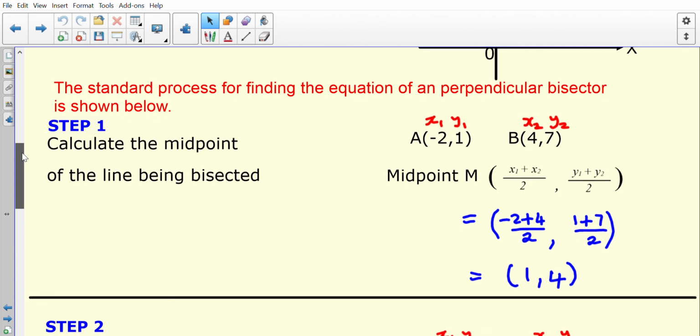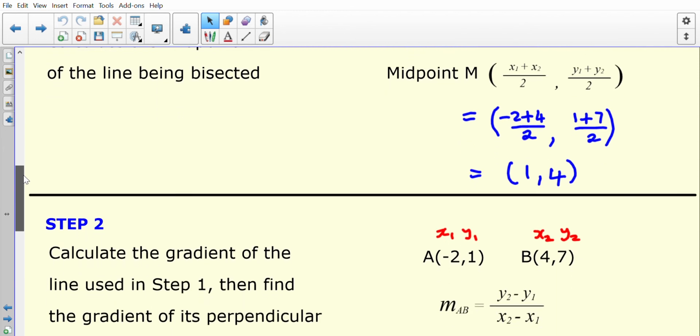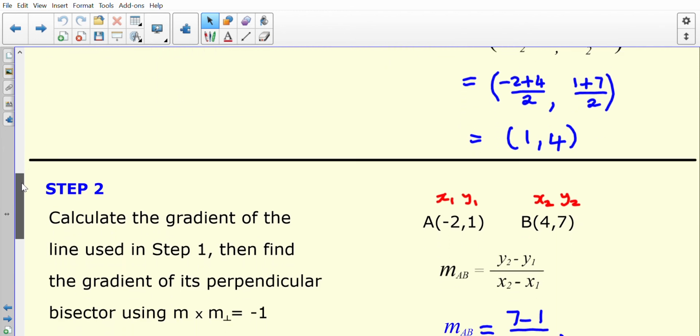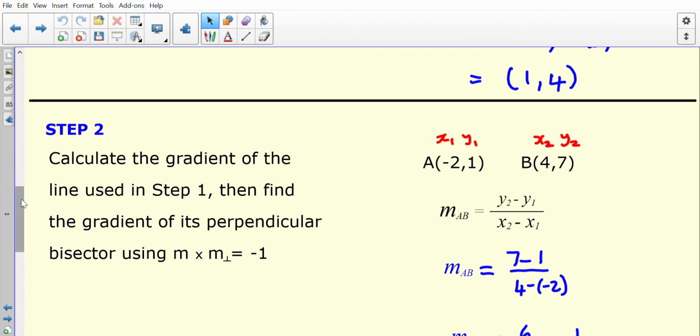You now need to think, well, what is the gradient going to be of the perpendicular bisector? To do that, we can find the gradient of AB using the formula you've used a number of times now: (y2 minus y1) over (x2 minus x1). The points are A (-2, 1) and B (4, 7). Putting them into your formula, you get 7 minus 1 on the top, 4 minus minus 2 on the bottom.